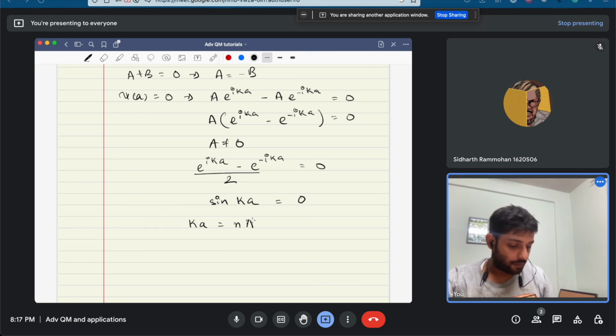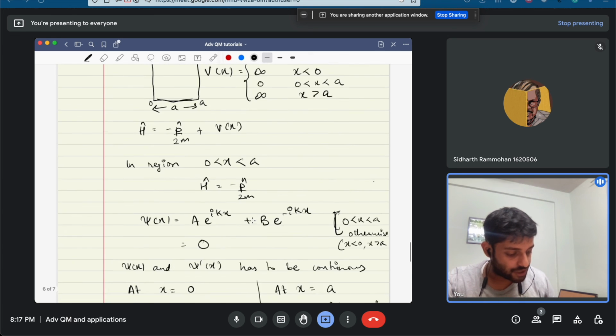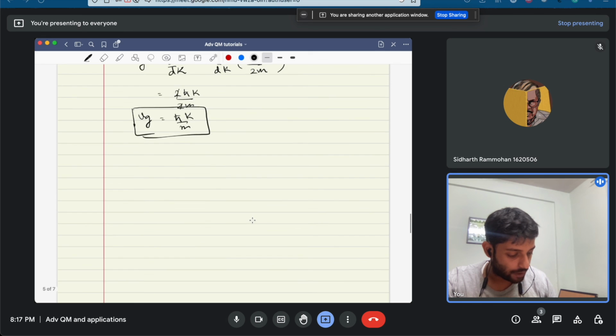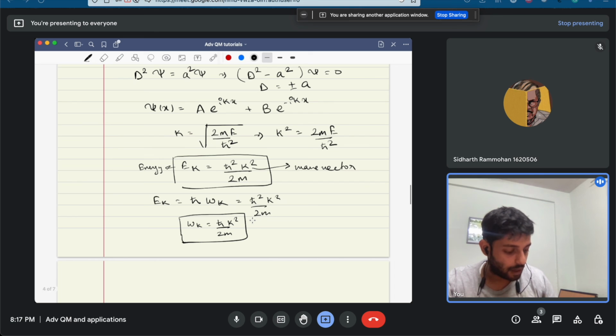Now, in the previous part, we have seen the energy corresponding to k, right? Here you have seen how E corresponds to k, that is k squared equals 2mE by h bar square.